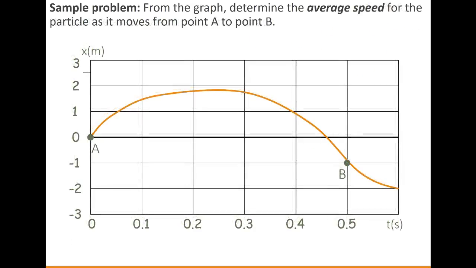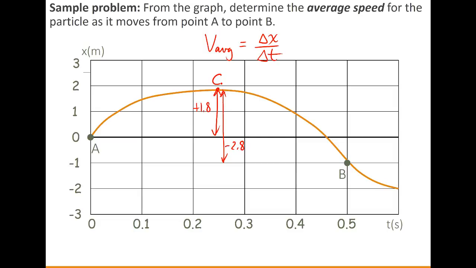Okay, now from this graph, if we want to find the average speed, this is a little bit trickier, and we can take distance over delta t by noting that what the object does is it goes to about, we'll call that approximately 1.8, and then it travels backwards. So it travels forward plus 1.8, and then it travels backwards about -2.8.